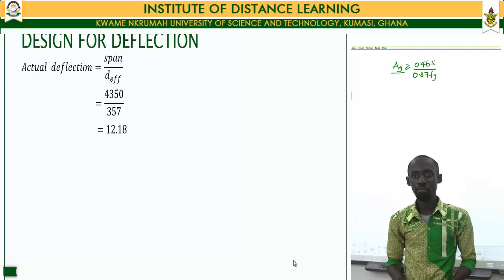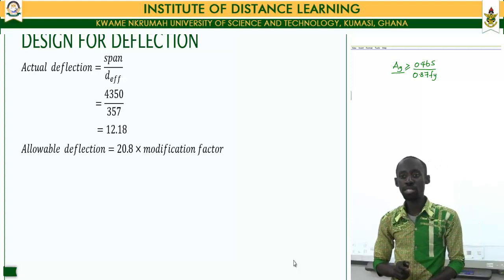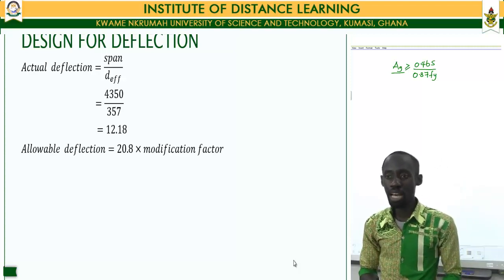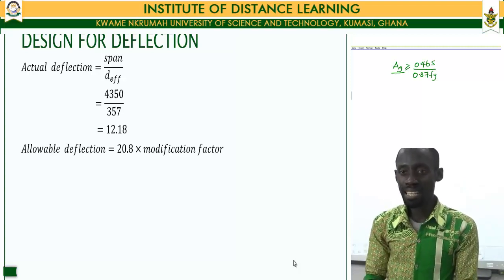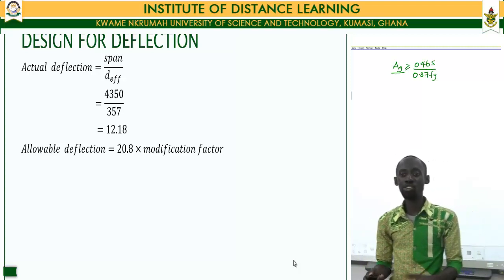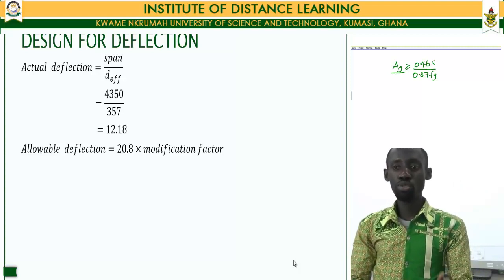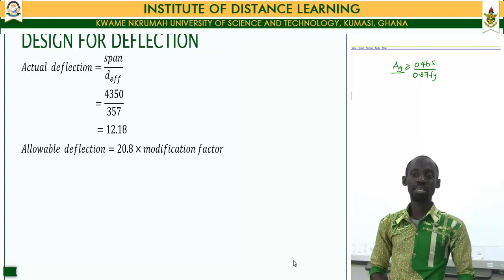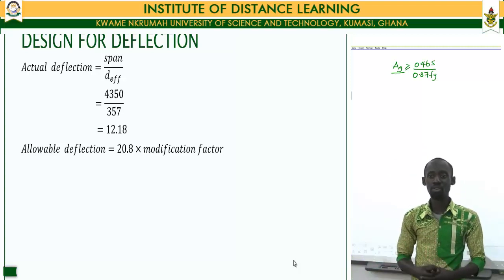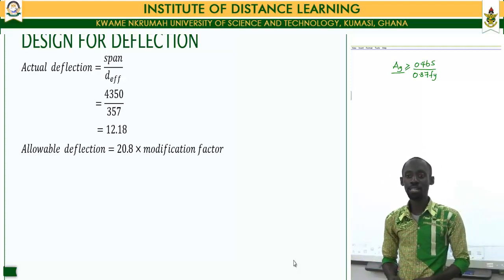Now, our allowable deflection is given by 20.8 multiplied by our modification factor. Since all the values given in our span to depth ratio table were arrived at assuming what? A mass concrete element. So once we've introduced reinforcement into our section, we need to factor the effect of the reinforcement on the deflection, hence the modification factor.